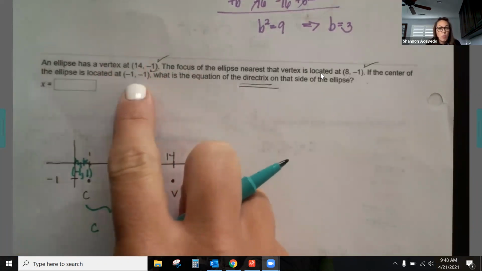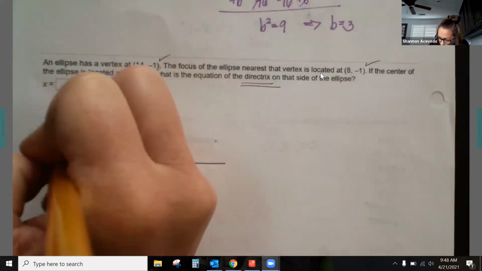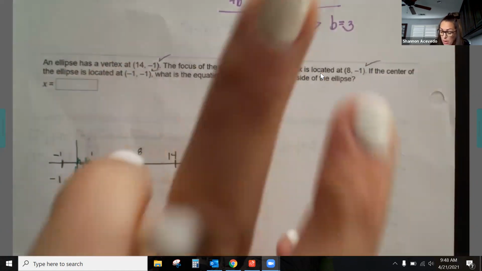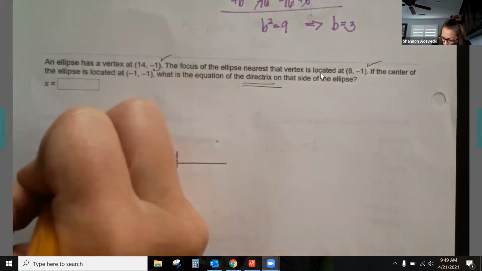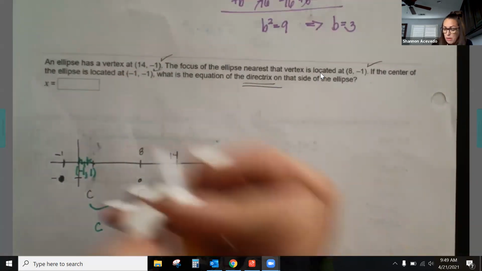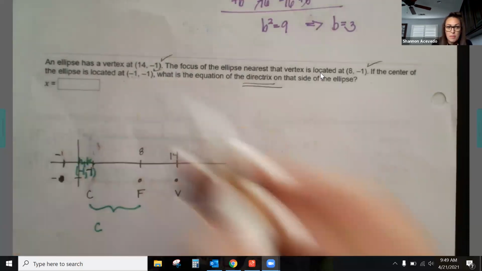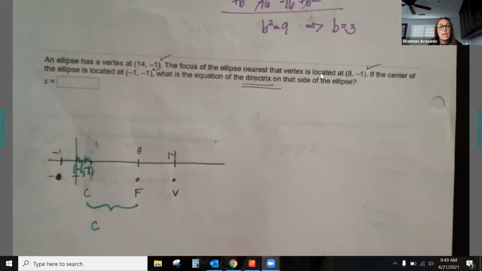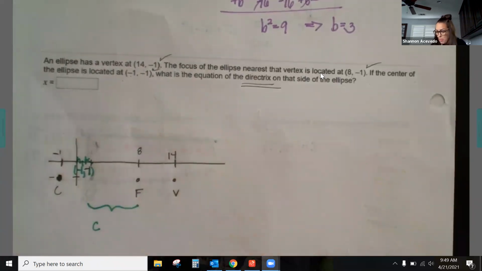It's -1, -1. This is my fault. I just didn't read it right. So my center is going to be here. My center is at -1, -1. They're both negatives. I did it at 1, -1. So let's fix that because obviously I'll make my numbers off.